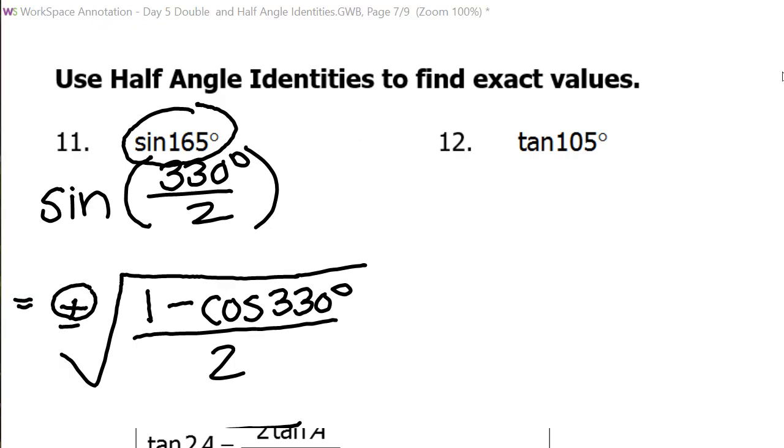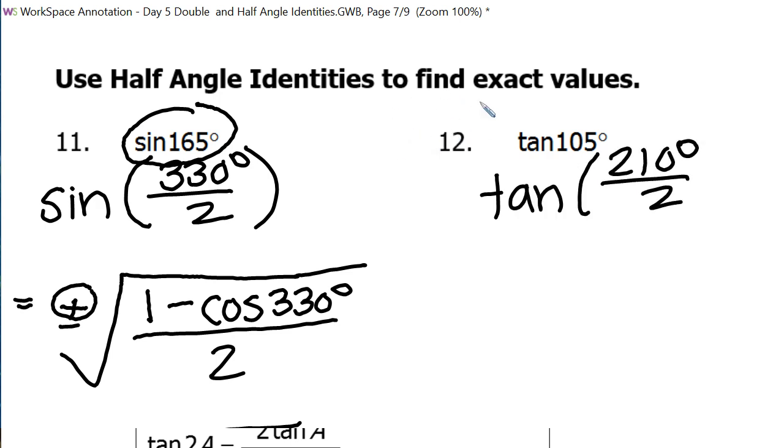Next one, tangent of 105 degrees. 105 degrees is half of what angle? 210. So we need to do tangent of half of 210. So again, with the half angle identity, the first step will have the plus or minus.